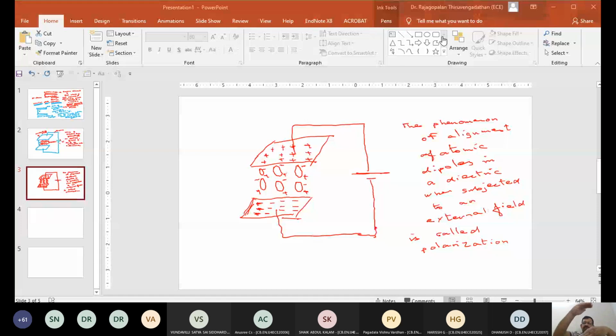The electron is pulled from one neutral plate and put on the other. Therefore, this lower plate gains electrons and the upper plate loses electrons. So the upper plate becomes positively charged and the lower plate becomes negatively charged. So we can picturize this capacitor in this fashion too. Is that clear? Yes, sir.